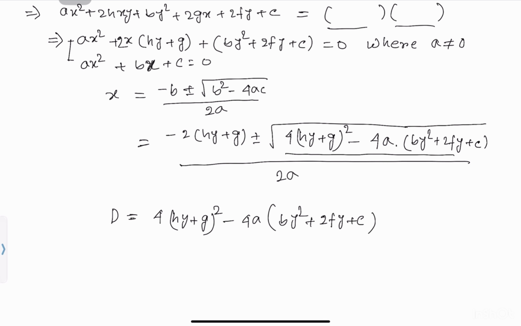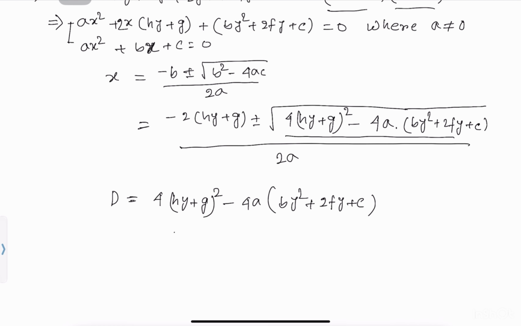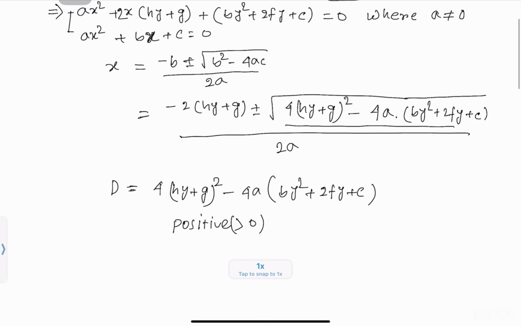If this term is positive, only positive, greater than 0, what will happen? Then x equals, assume this term as d, minus b plus minus d by 2a.